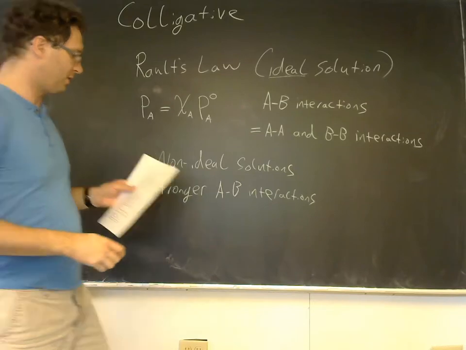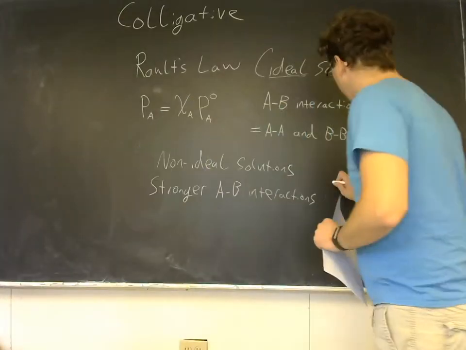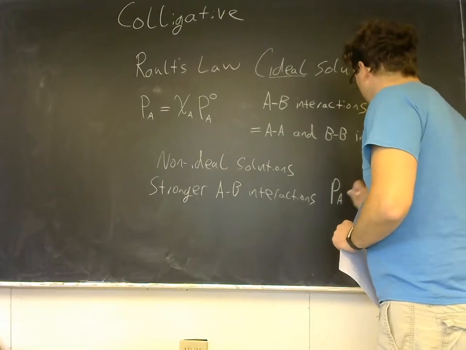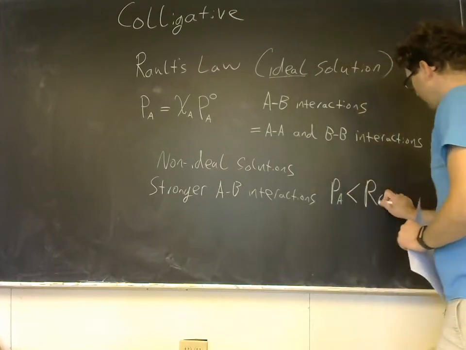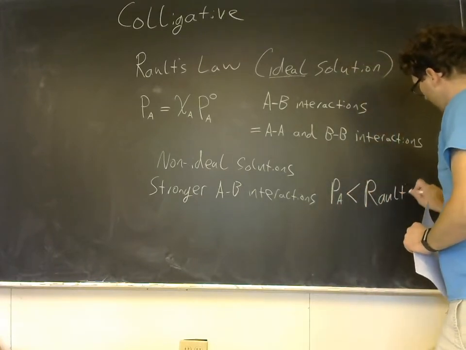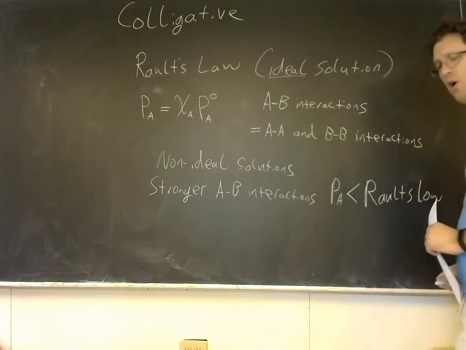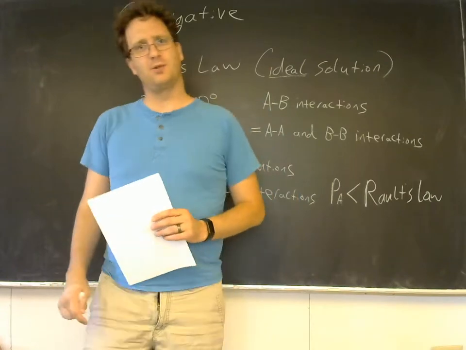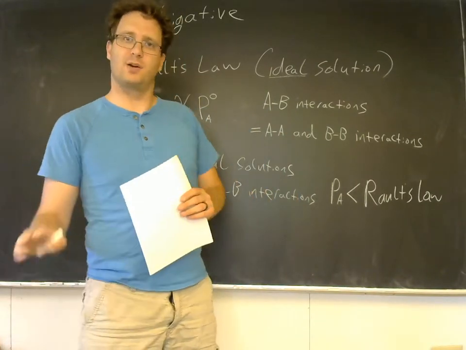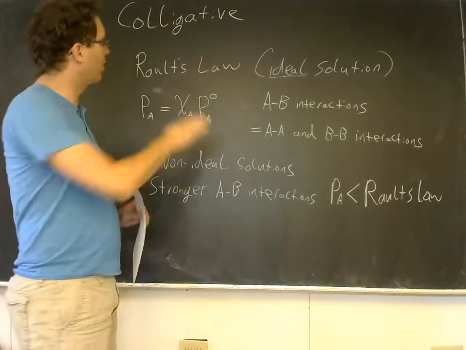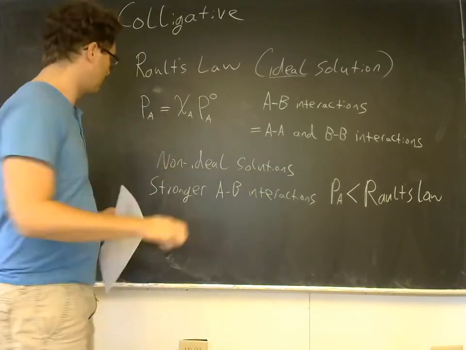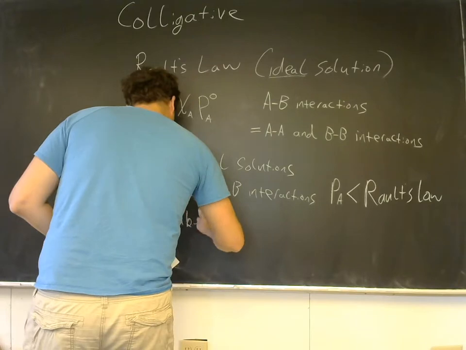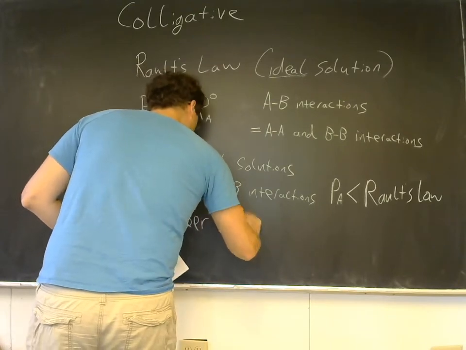So interactions between the solute and the solvent are particularly strong. Well, that's going to have the pressure that we observe be actually lower than what Raoult's law would predict. So these will be solutions which have a particularly low vapor pressure, lower than Raoult's law would suggest. And then you can have some solutions with weaker A-B interactions.